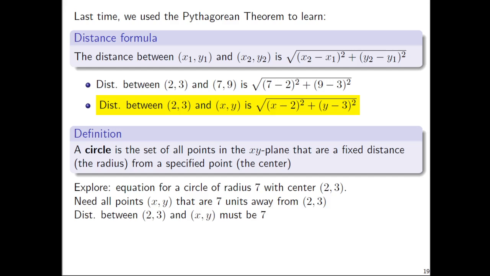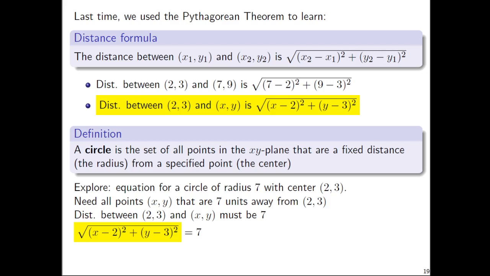We just computed the distance between 2,3 and x,y, so that's recopied down here, and that must be 7.